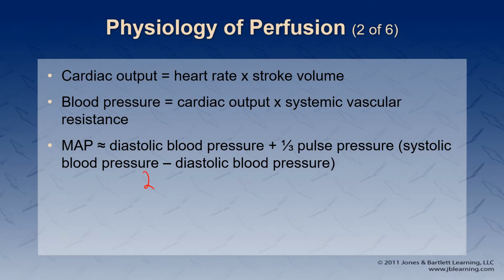But I like 2 times the diastolic plus the systolic over 3. So this is just a weighted average of the systolic and the diastolic, where we're counting the diastolic twice.